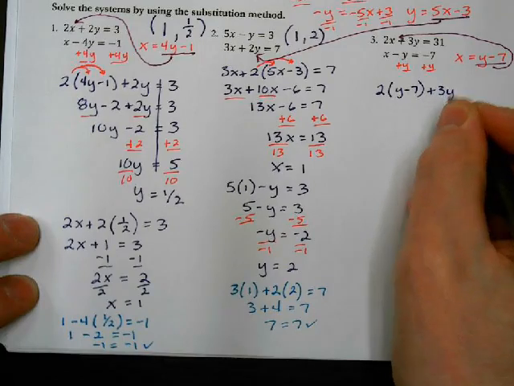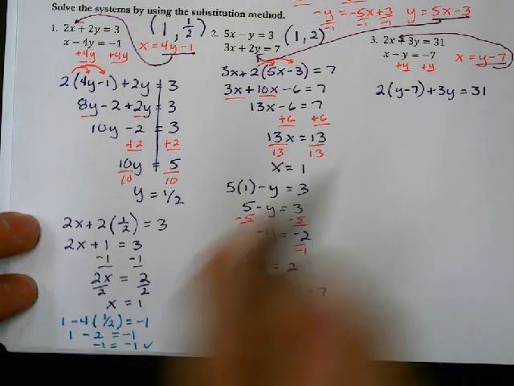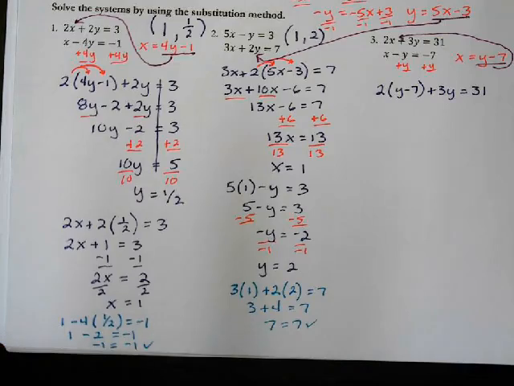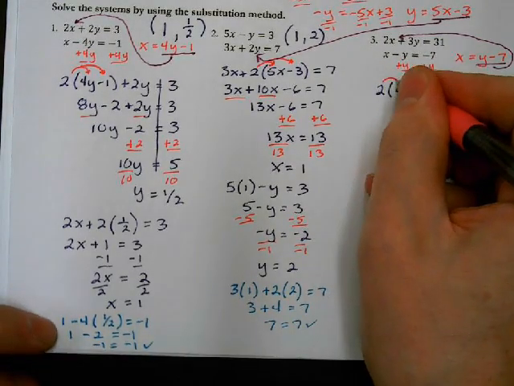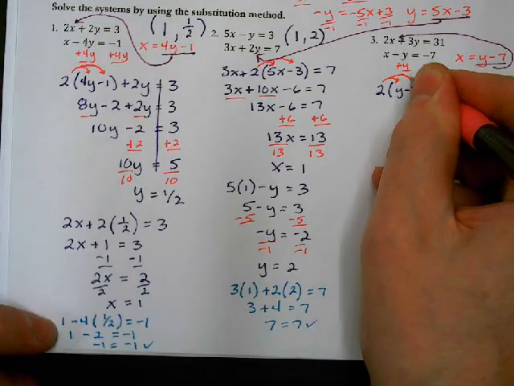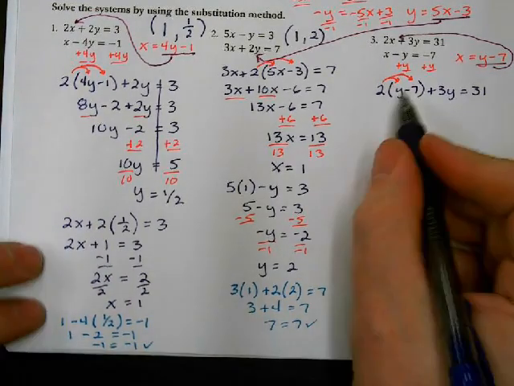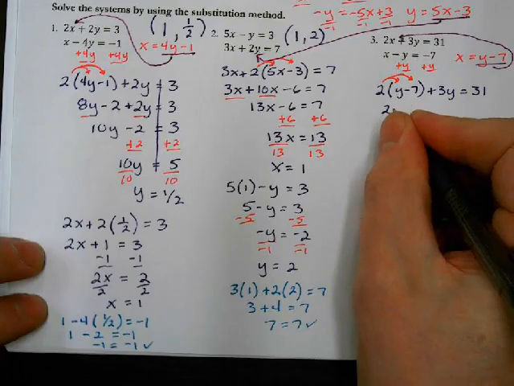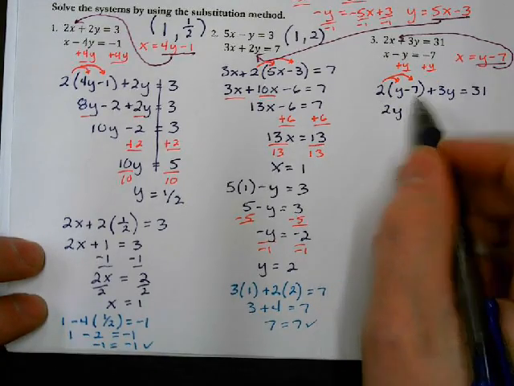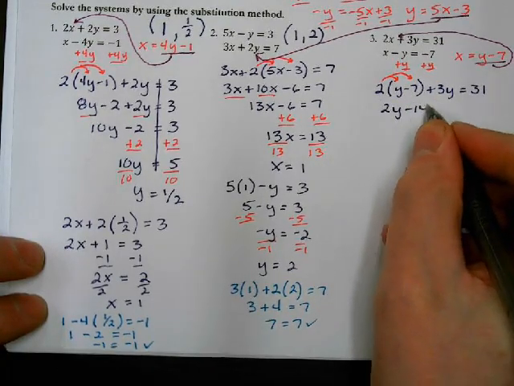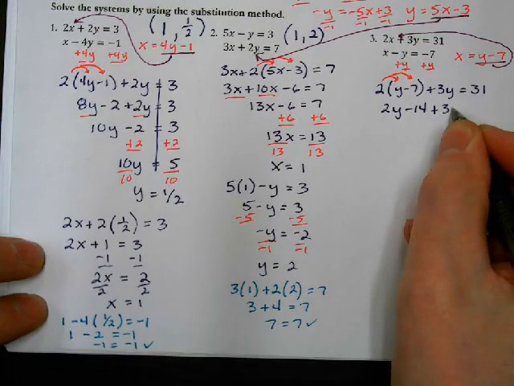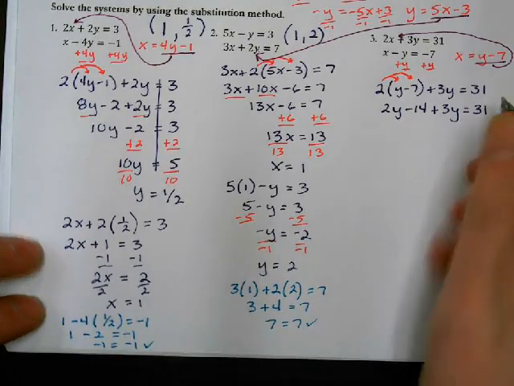Okay, now we solve it. We're on step number 3. We're going to solve. Let's distribute first. 2 times y is 2y, in case you didn't know. 2 times negative 7 is negative 14. All right, now we can combine like terms. 2y and 3y makes 5y.